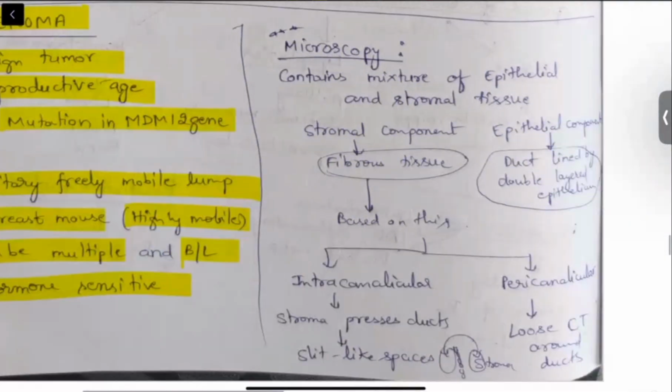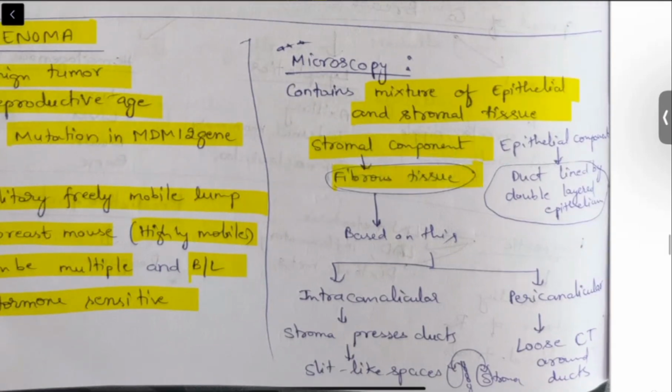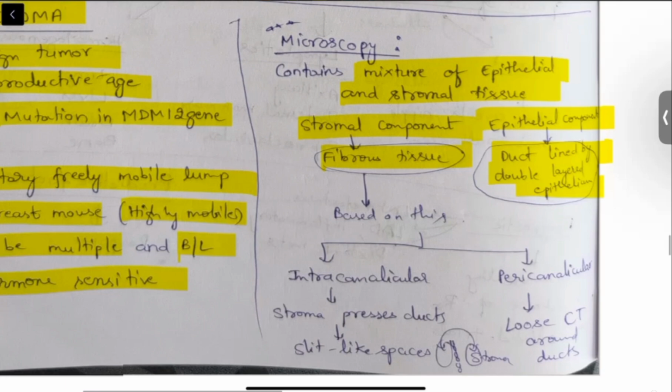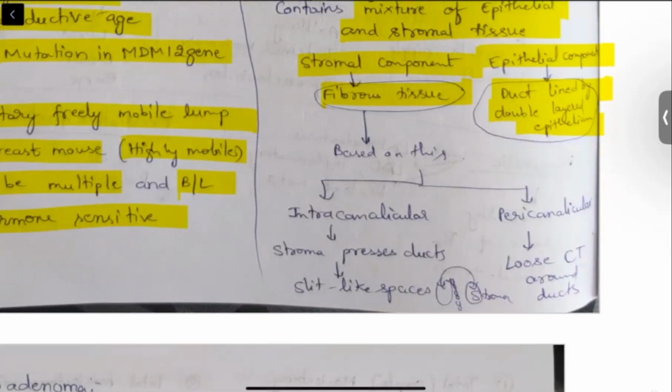On microscopy, what are the features? It contains a mixture of both epithelial and stromal tissue. Just like I said, stromal component will contain fibrous tissue, and epithelial component includes duct lined by double layered epithelium, that is myoepithelial cells and luminal cells. Since the stromal component is a fibrous tissue, fibroadenoma can be classified as intracanalicular or pericanalicular, depending on wherever the stroma is deposited.